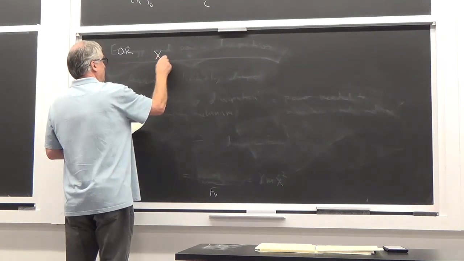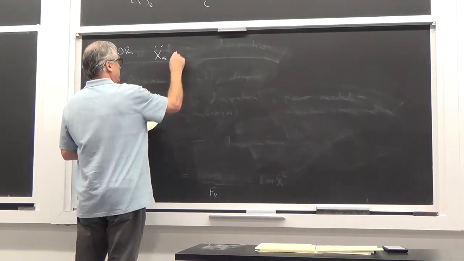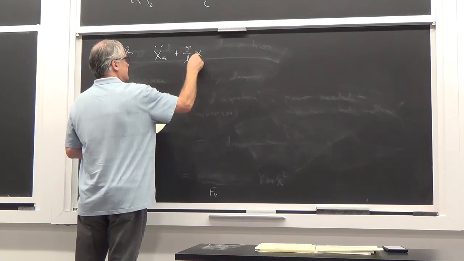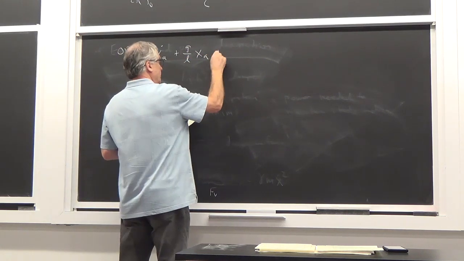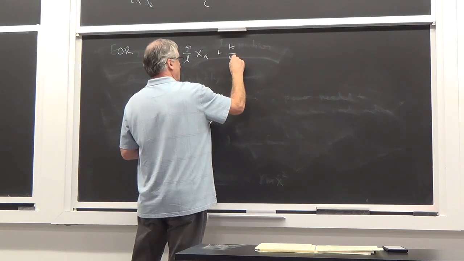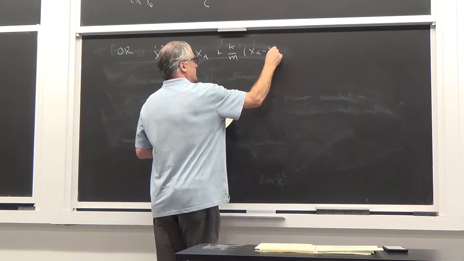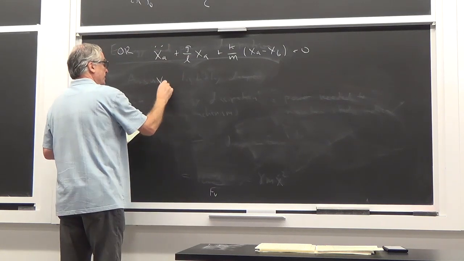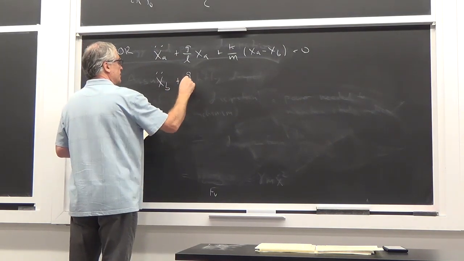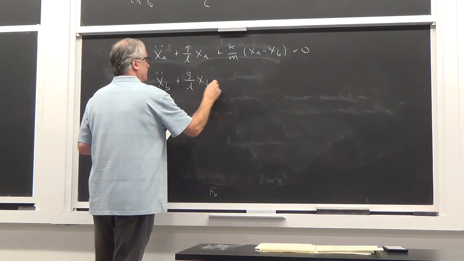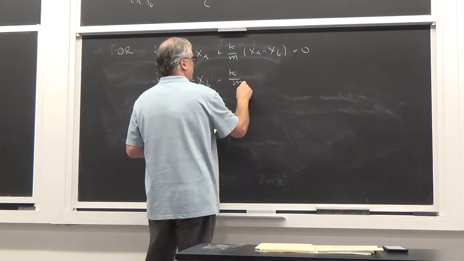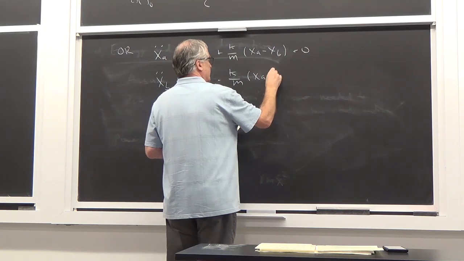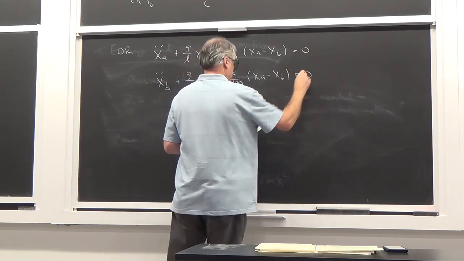So x sub A double dot plus g over L x sub A plus k over m times x sub A minus x sub B is equal to 0. And x sub B double dot plus g over L x sub B minus k over m times x sub A minus x sub B is equal to 0.